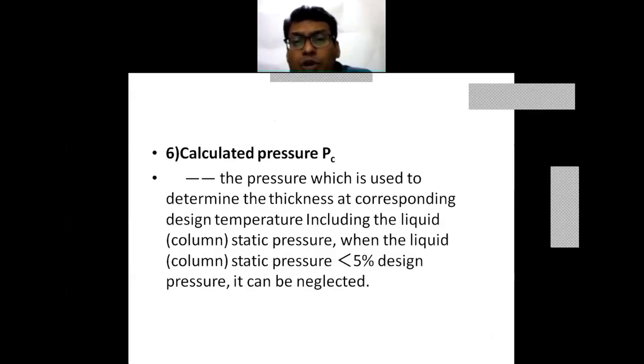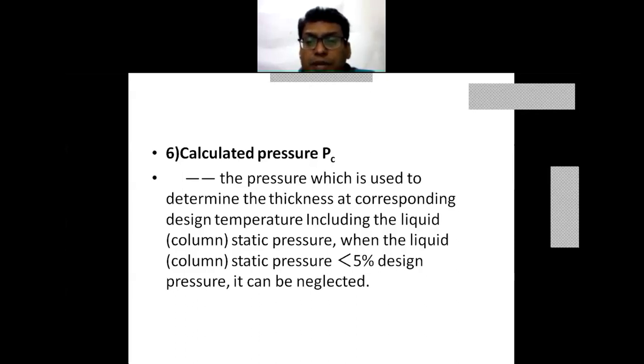Then the calculated pressure. This is the pressure which is used to determine the thickness at the corresponding design temperature, including the liquid static pressure. So the design pressure and the calculated pressure are used to determine the thickness at the corresponding design temperature.